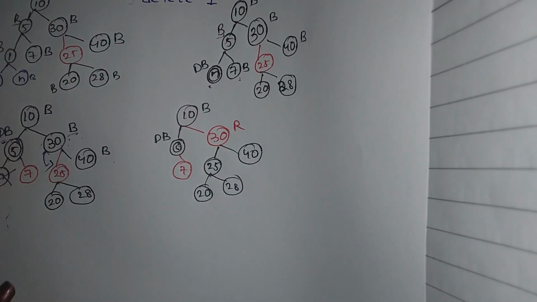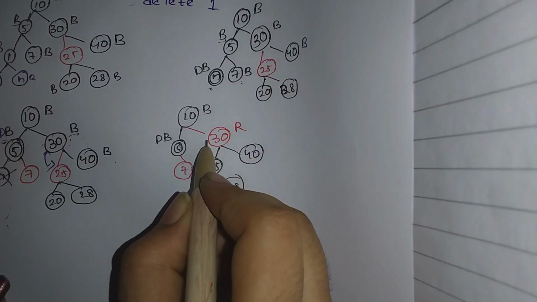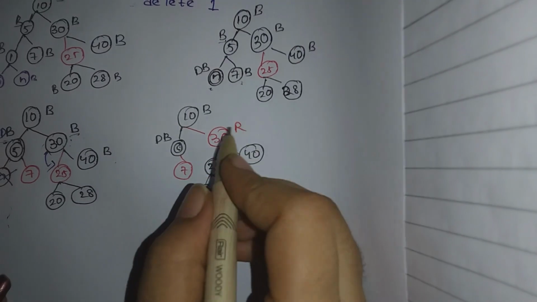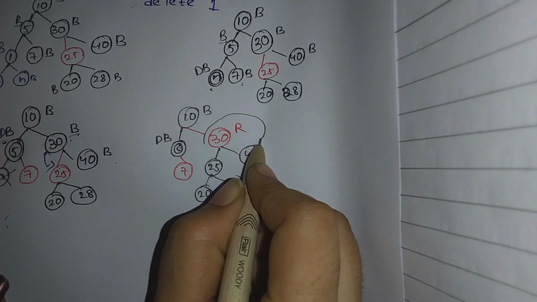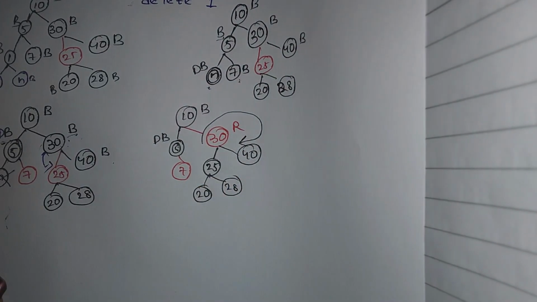That means we need to rotate this. Here we are not rotating the DB's parent, and we are not swapping the DB's parent color. So we need to rotate this DB sibling in the opposite direction.